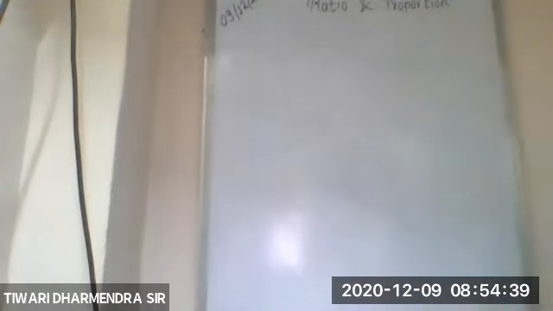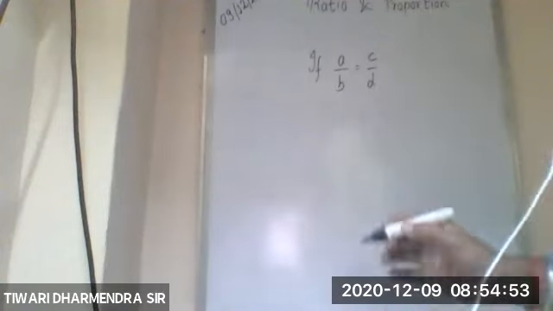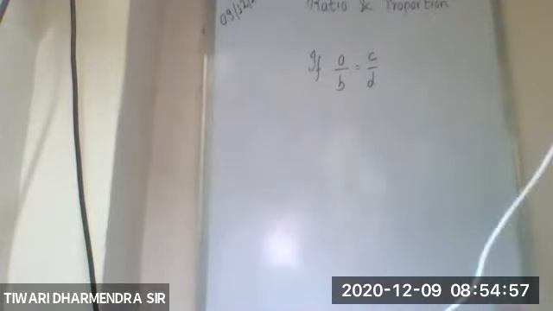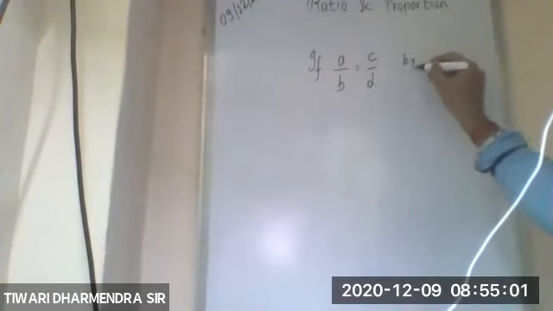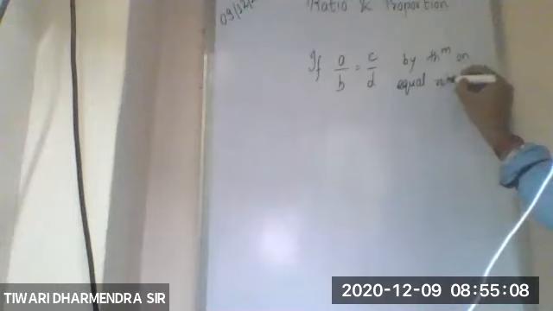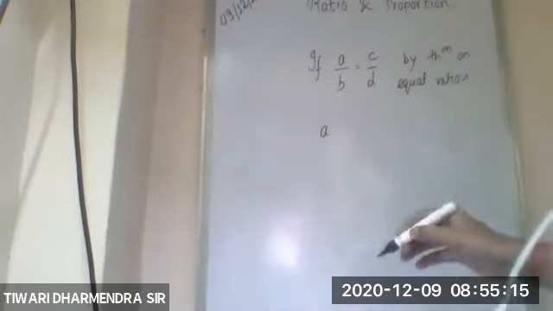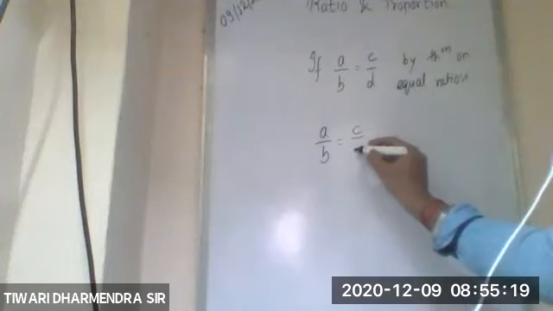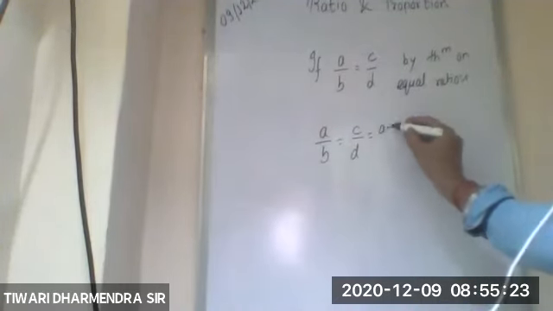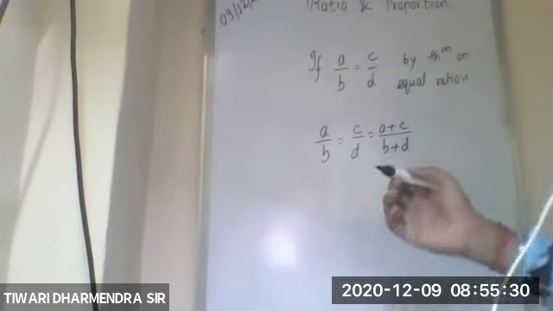So we know that if we are having two equal ratios, that is a by b is equal to c by d, then by the theorem on equal ratios, it says that this ratio will be equal to adding the two numerators divided by adding the two denominators of the equal ratios.